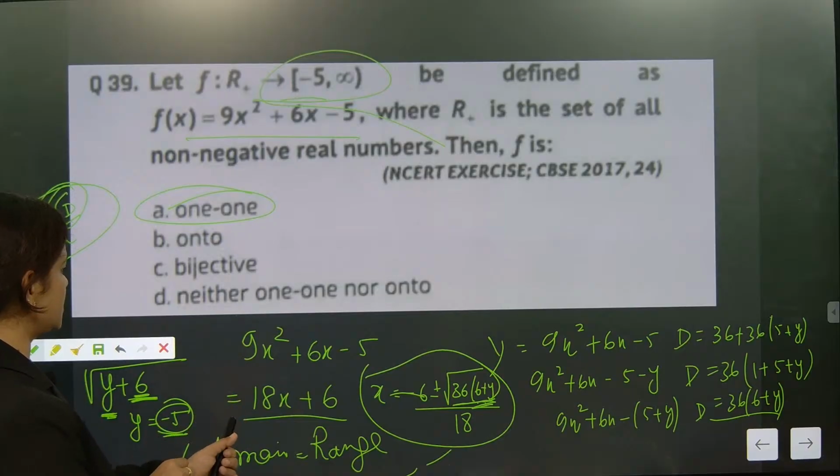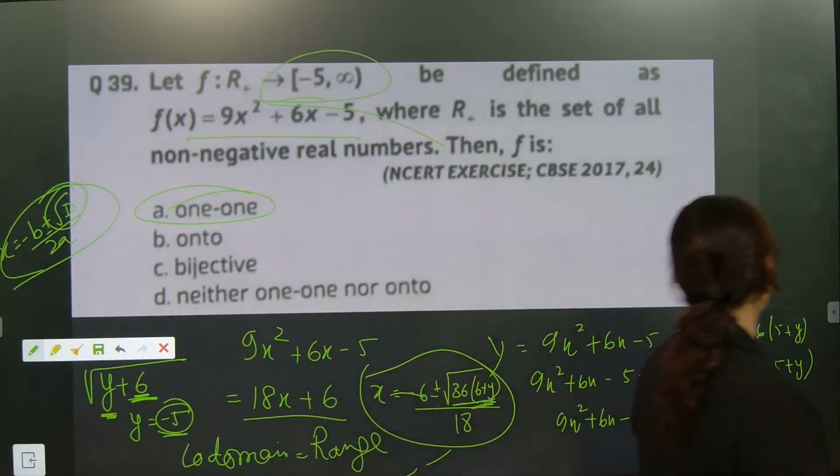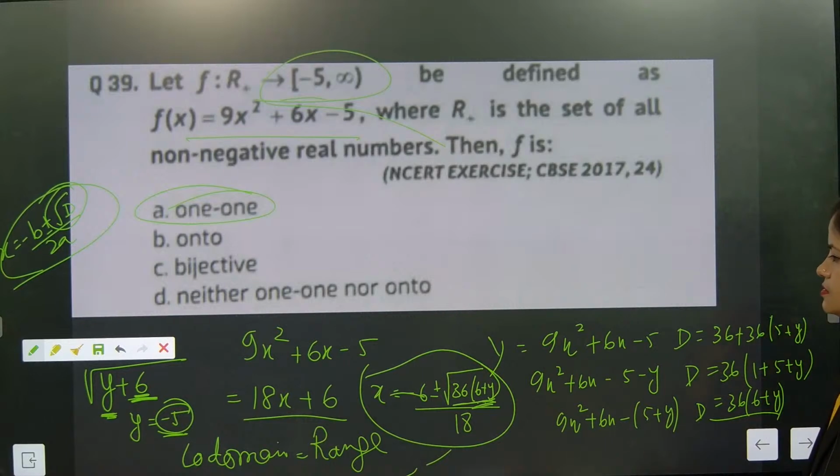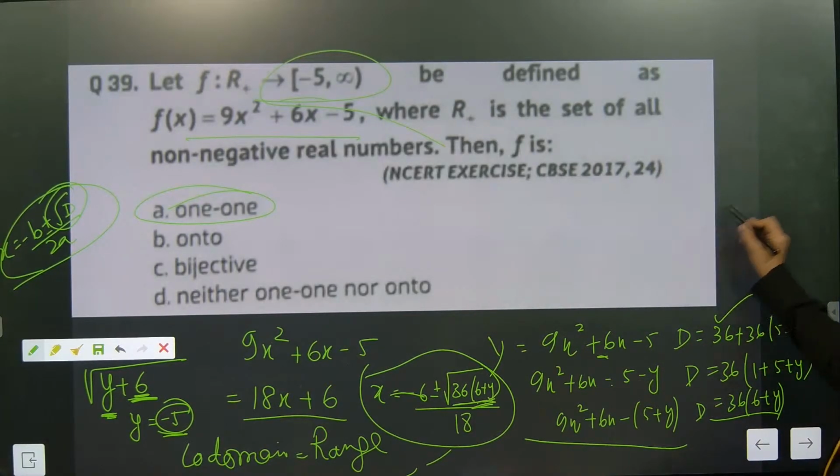Substitution of D part. This one you are asking, Kishore. 6 will become 36. Minus 5 minus 5, so minus into minus.